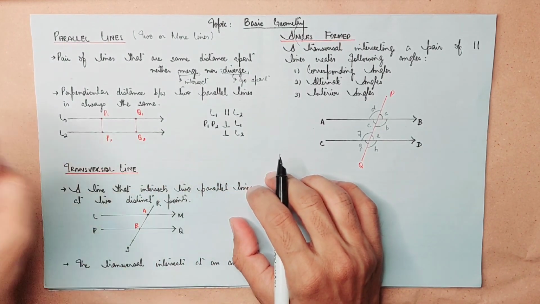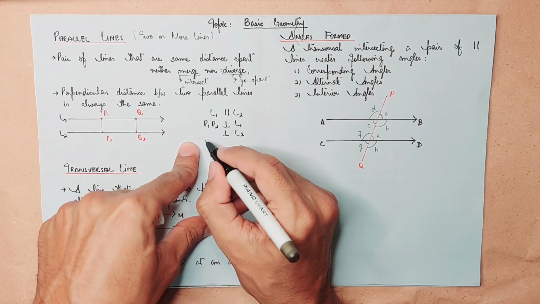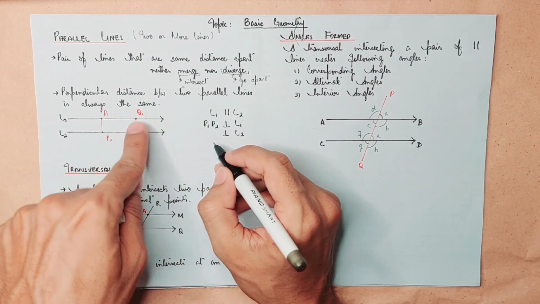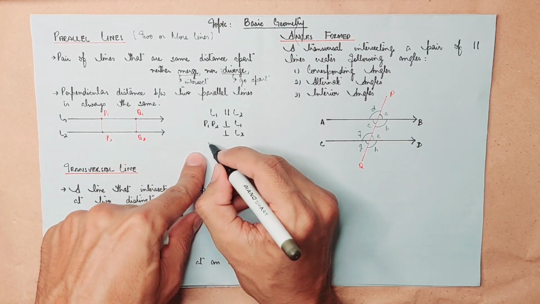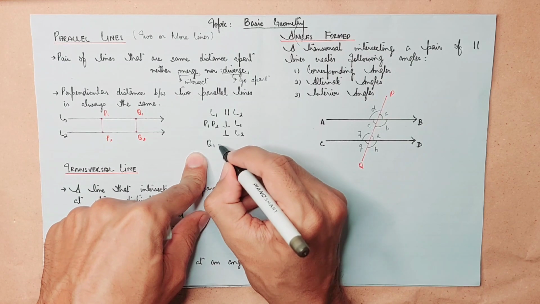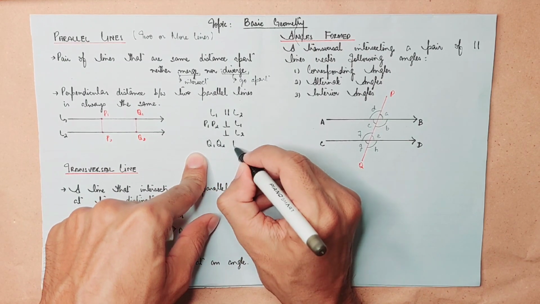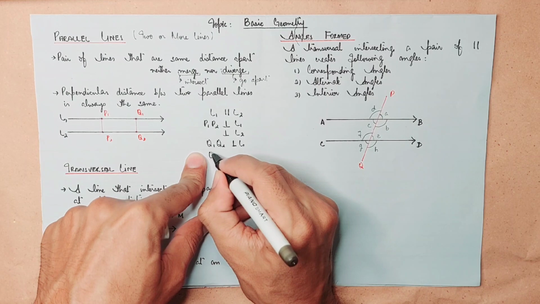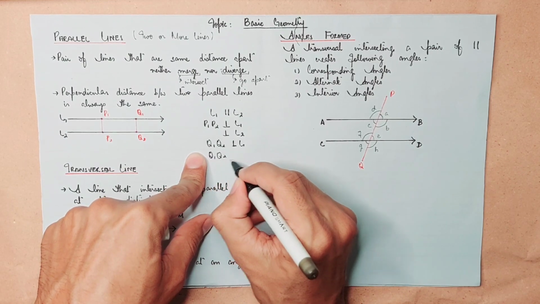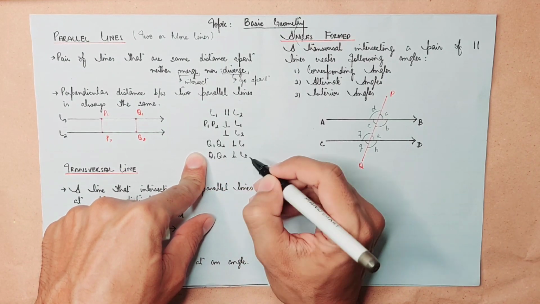In the same way, I have taken another pair of points, Q1 and Q2. The line Q1Q2 is perpendicular to L1, and Q1Q2 is also perpendicular to L2.